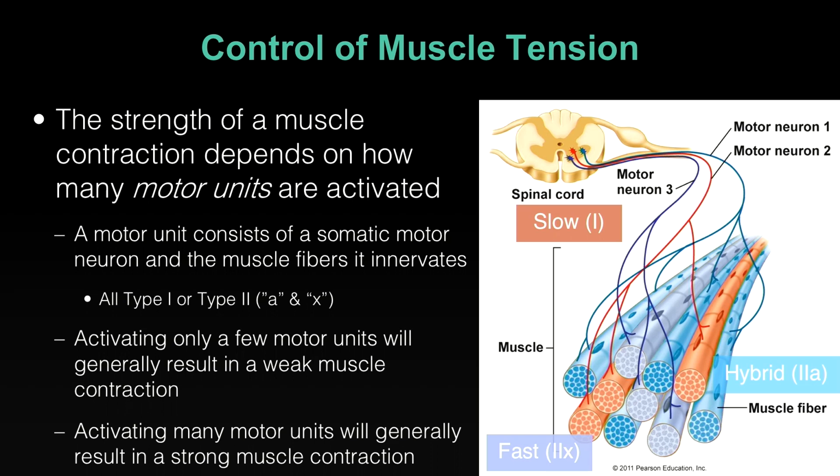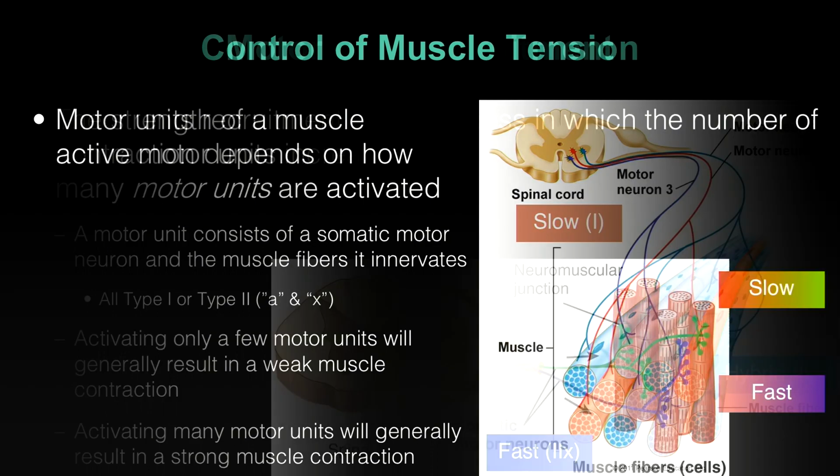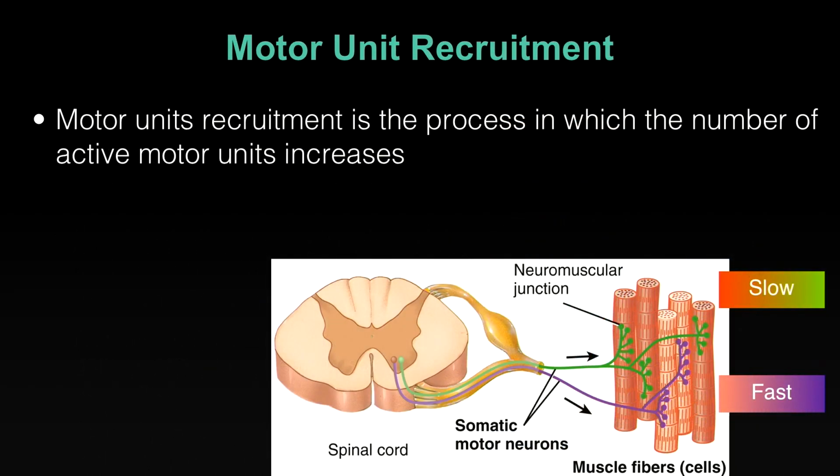Diameter is different for the fibers in the muscle, depending on the type. And that's important for understanding the process of motor unit recruitment, or the hierarchy of motor unit recruitment.